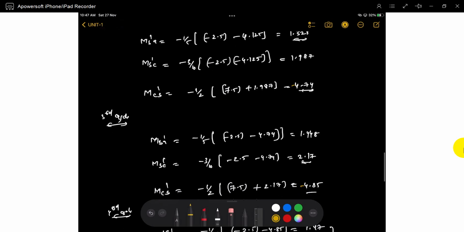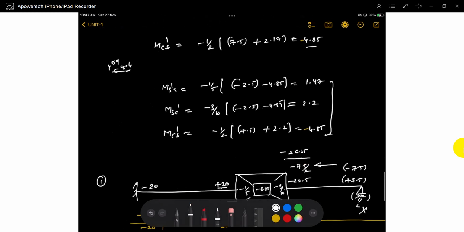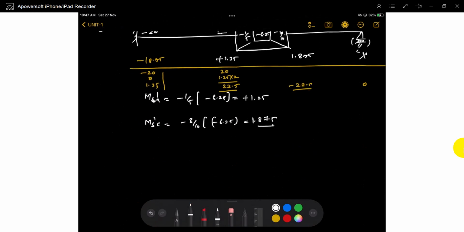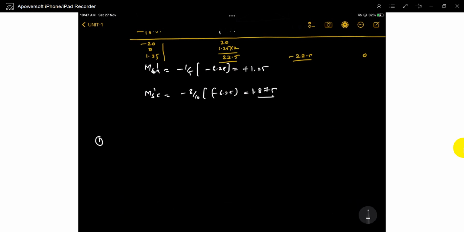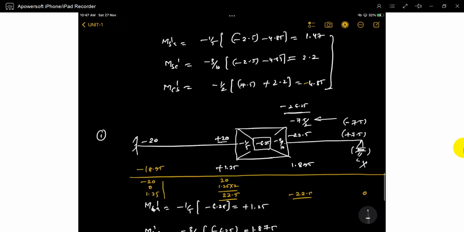Okay, now we will take care of another type of problem: if any support sinks, if one of the supports sinks, we will do the problem. See how easy this is.